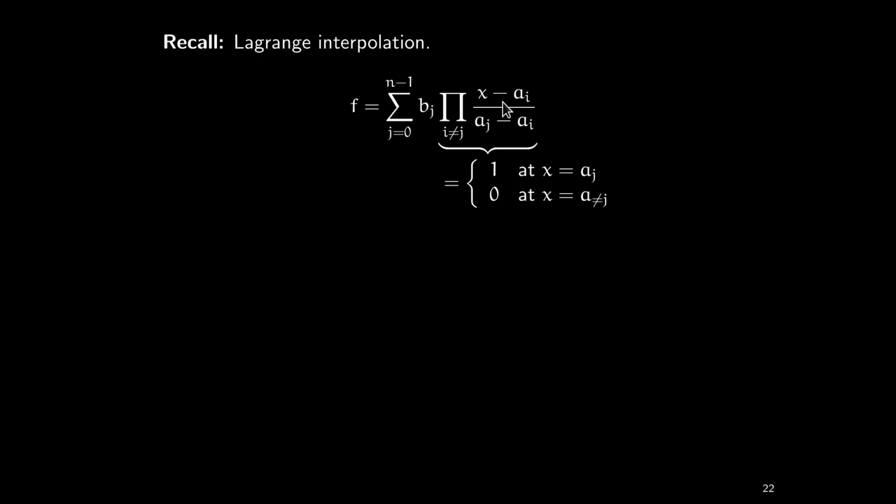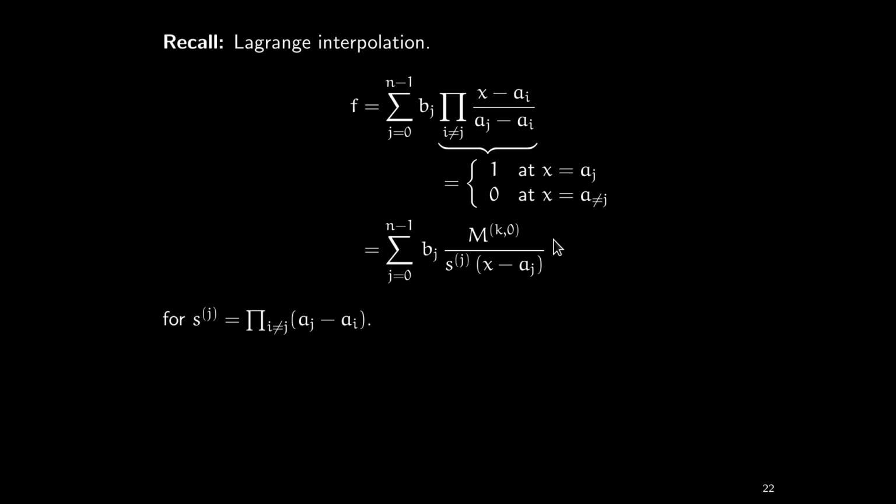on the top is essentially almost the product of all the little m's. Remember, the little m's were x minus ai, and here you have the product of all of them with one exception. The j is missing. That's okay. I can just make this explicit.